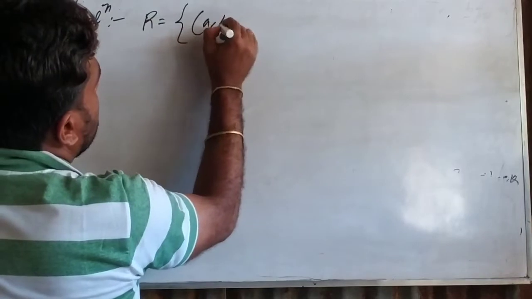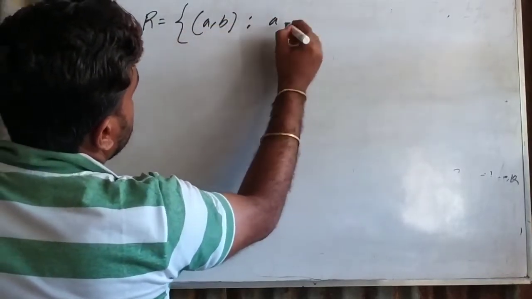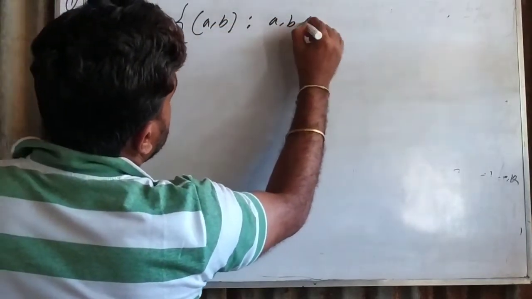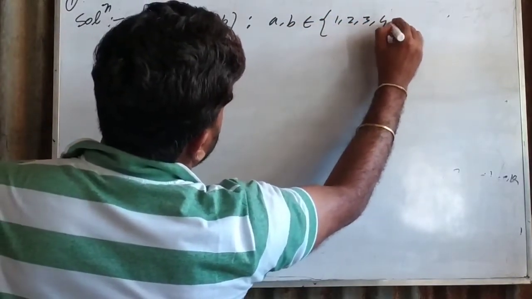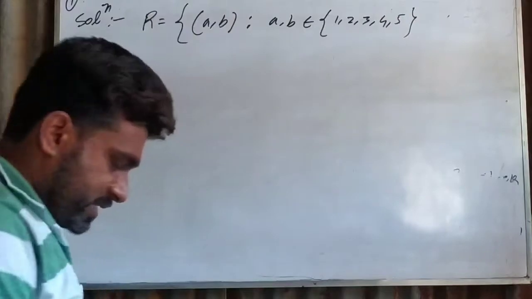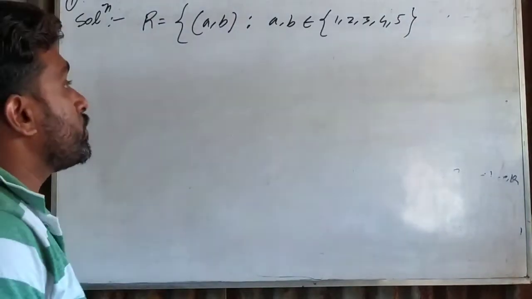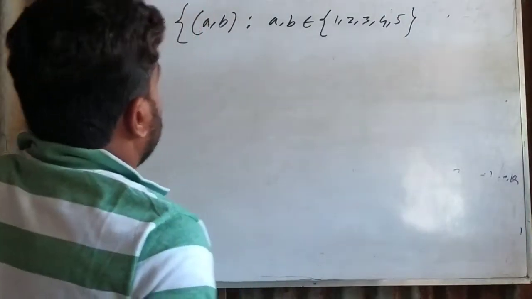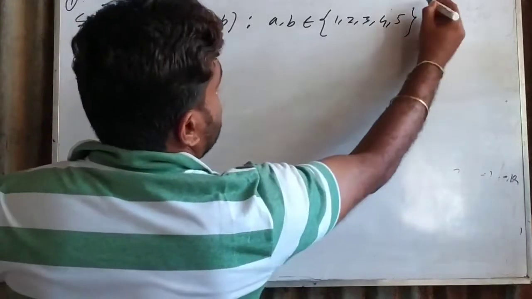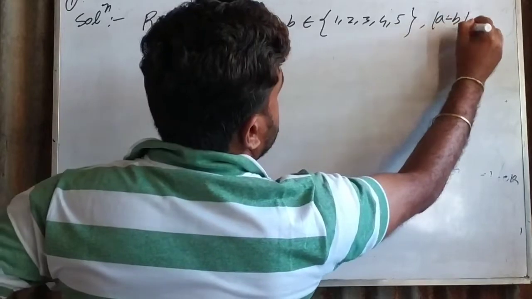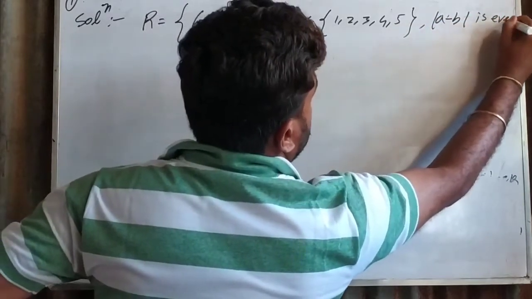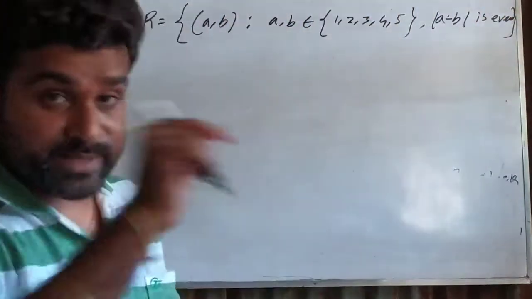Ordered pair A comma B such that A and B belong to the set 1, 2, 3, 4, 5. I think this set is given in the question. Yes, 1, 2, 3, 4, 5. And the condition is what? Mod of A minus B is given. So this relation set is given here.